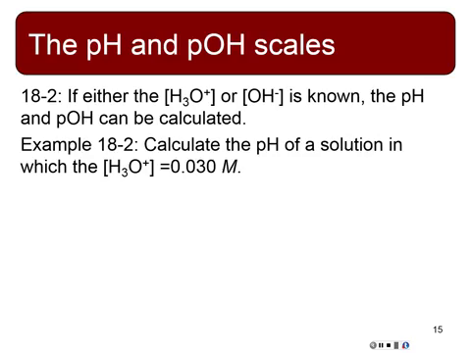I want you to calculate the pH of a solution in which the hydronium concentration is 0.030. So this is pretty straightforward. We're going to take the negative log. So you can go ahead and do that.